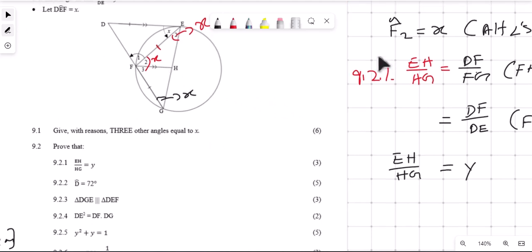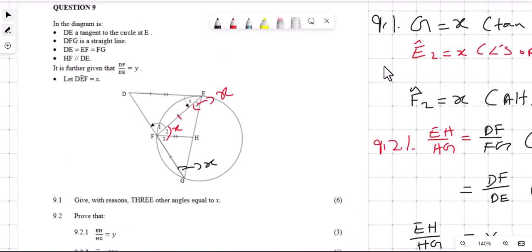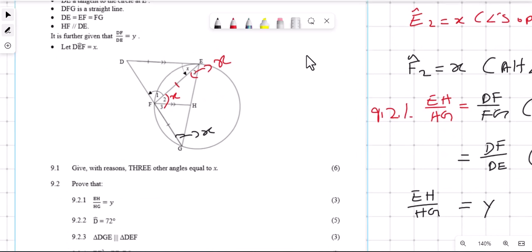So let's see here. Do we have any angle there? No, we don't. But we are looking for angle D. So, looking at angle D, what do you think?